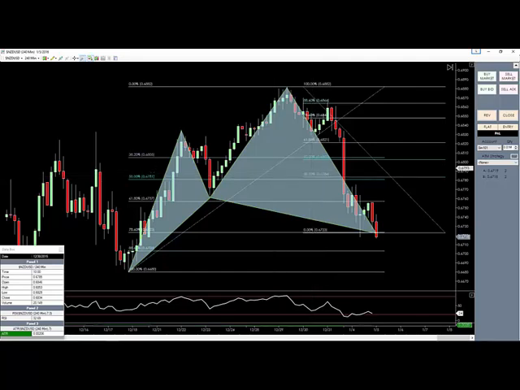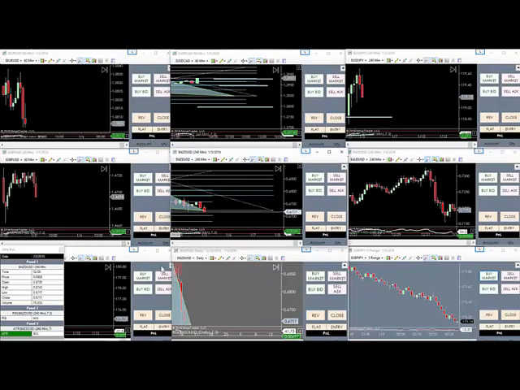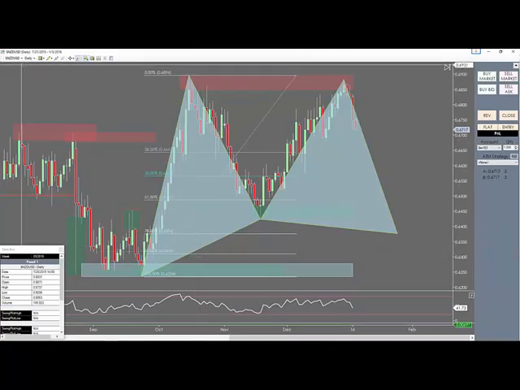Obviously, we have our first target at around the 67.84 level and the 618 level for target 2, so that's about the 68.21 level.